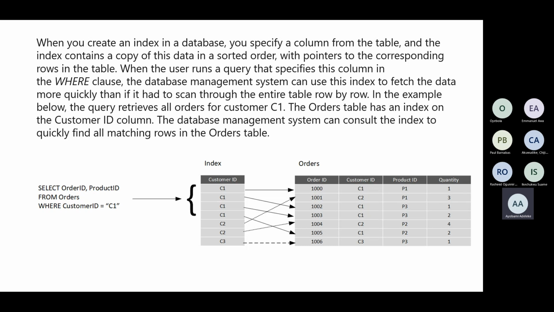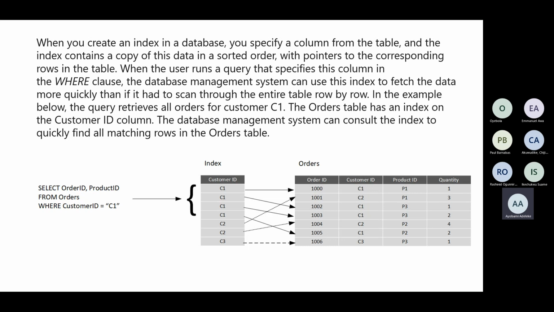If you look in the middle here, the index is created on the customer ID field. What it does is literally sort just that field that you have created the index on. It sorts by the order ID and the customer ID, because we created the index on the customer ID field. So it starts from customer 1, customer 2, customer 3, till the last customer ID we have in that table.